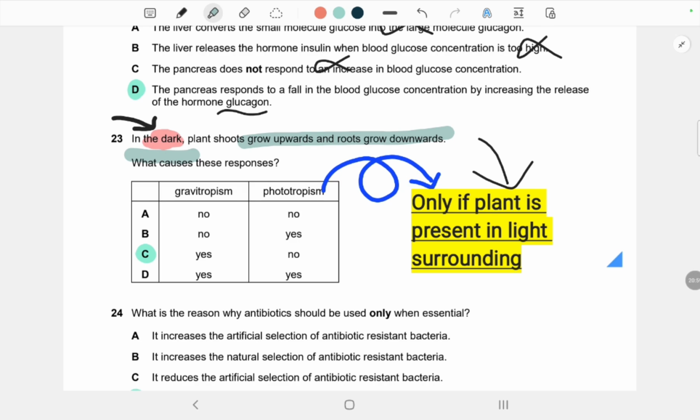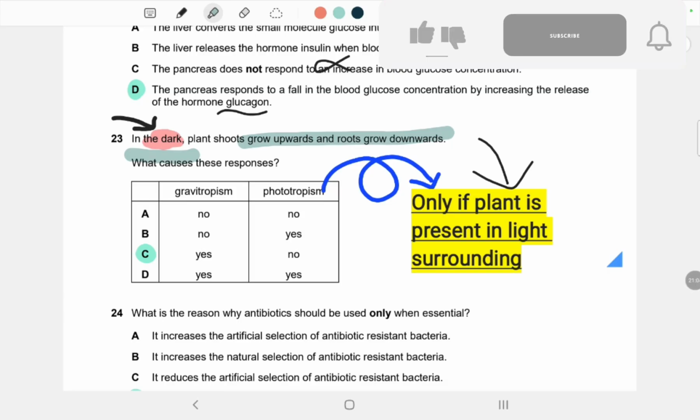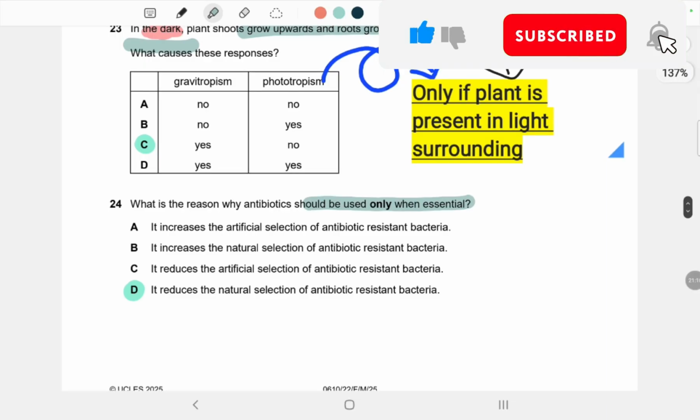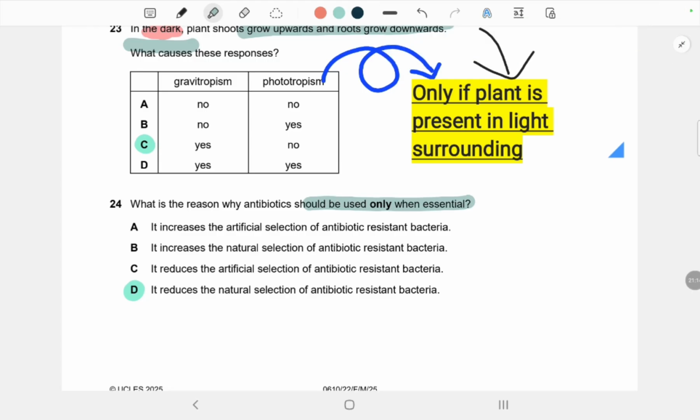Now question 24. What is the reason why antibiotics should be used only when essential? The answer here will be D, because it reduces natural selection of antibiotic resistant bacteria.